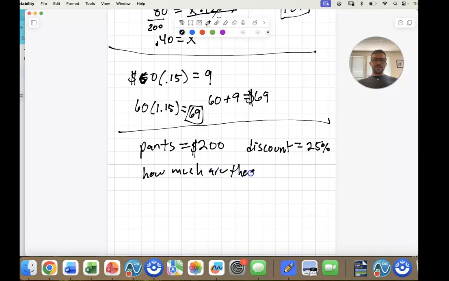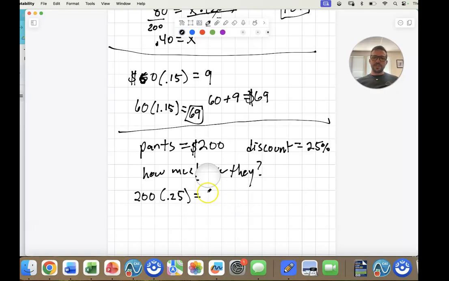You should know how to do this, because if you go to the store and they say there's a 25% discount, you want to make sure they're giving you a 25% discount. You can figure out the discount by doing 200 times 0.25, which comes out to 50.